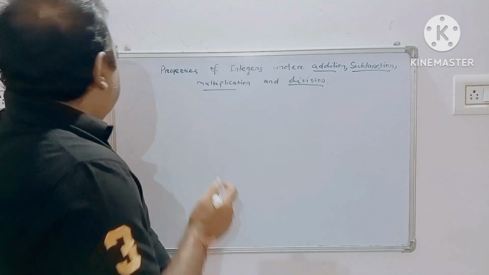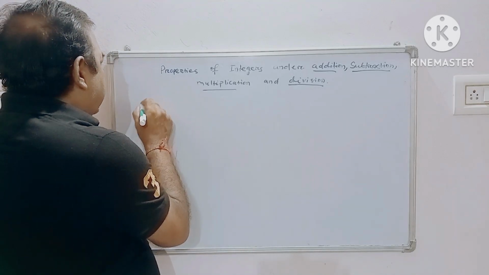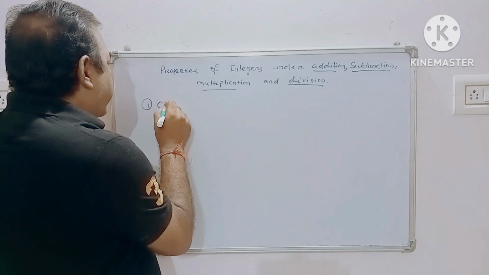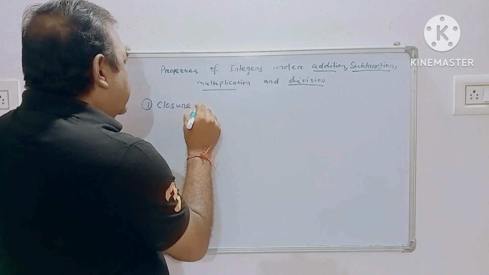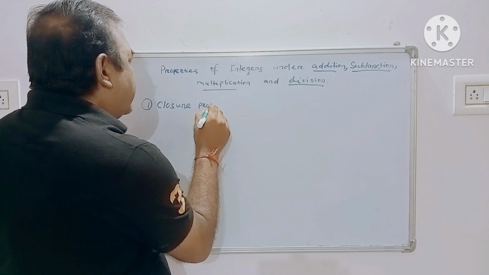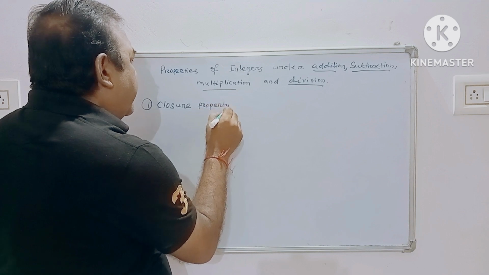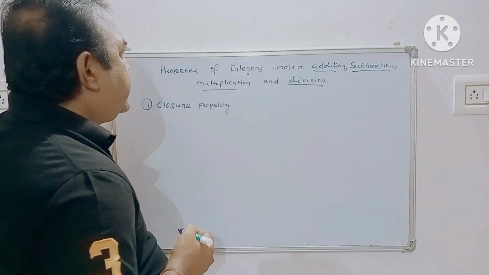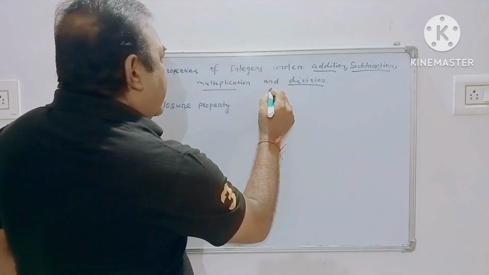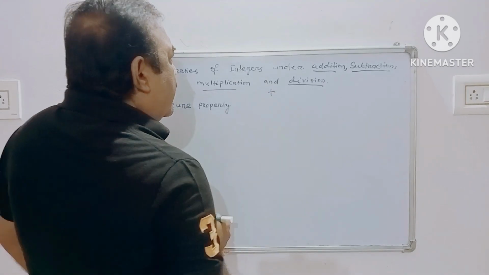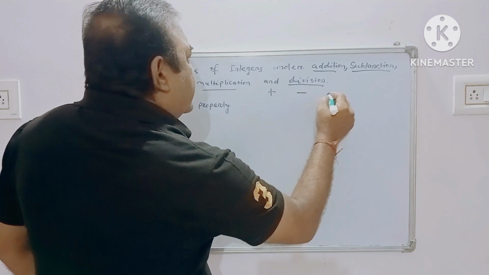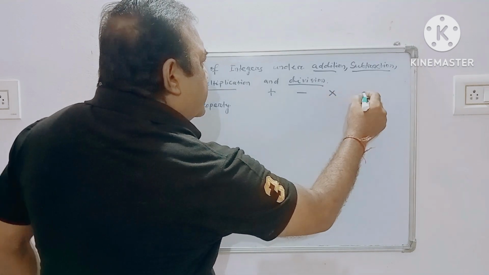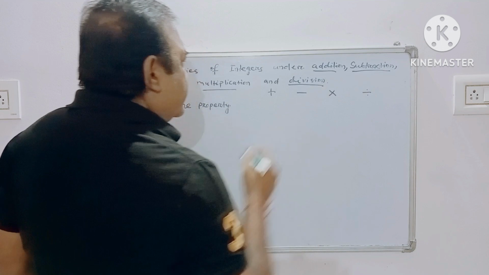So first, closure property. And you see, for addition I give this sign. This is for subtraction, this is for multiplication, and this is for division.